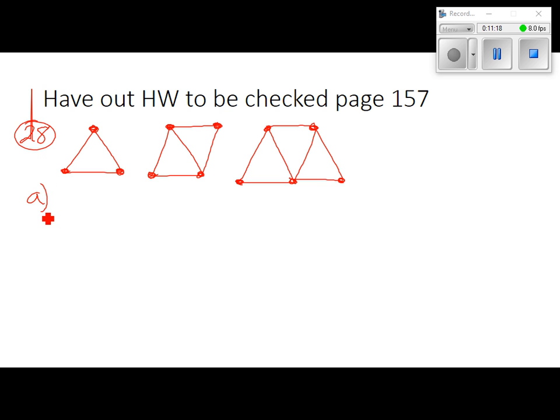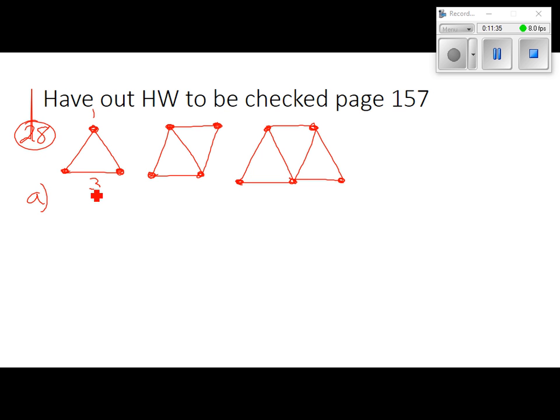This is part A. So how many triangles here? One. How many segments? Three. So notice what I'm doing here. I'm just writing triangles on the top, how many we have, segments on the bottom, so that we can see what the pattern looks like.